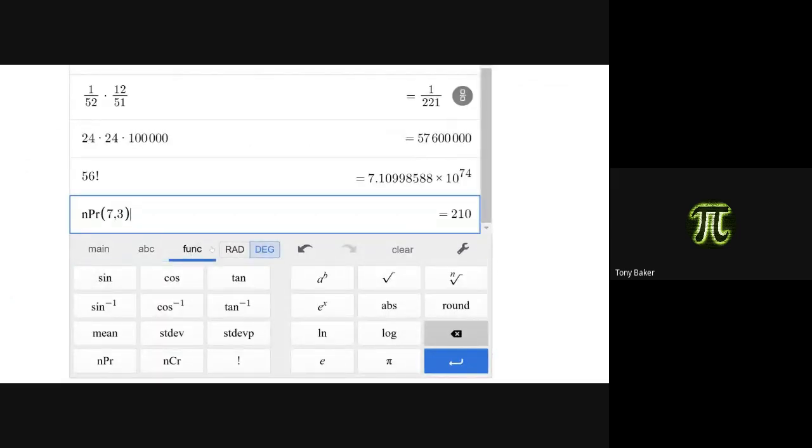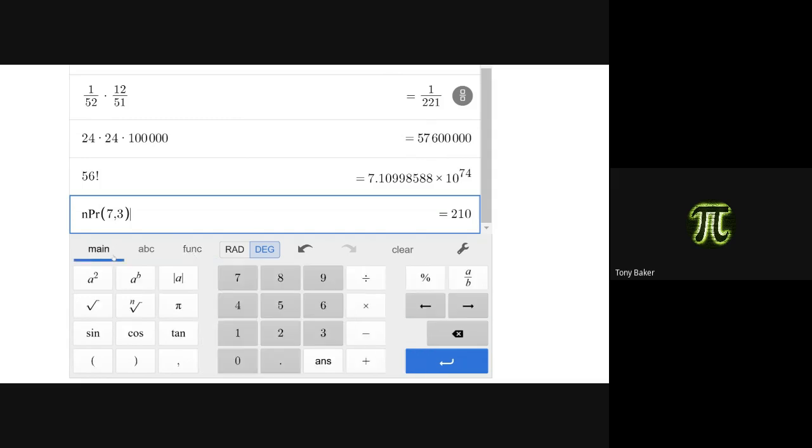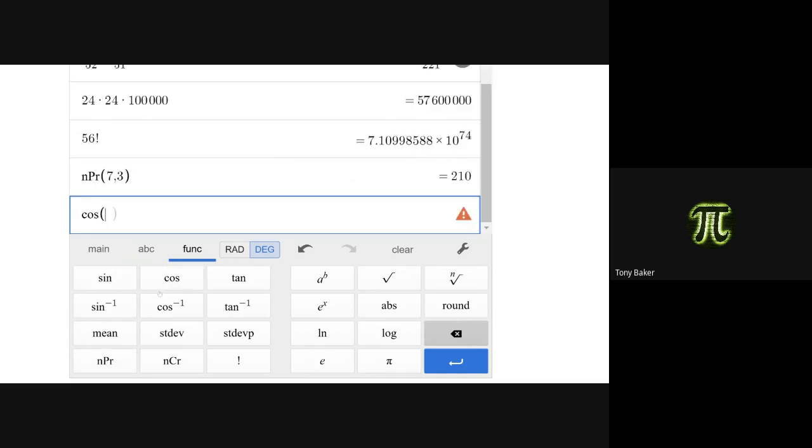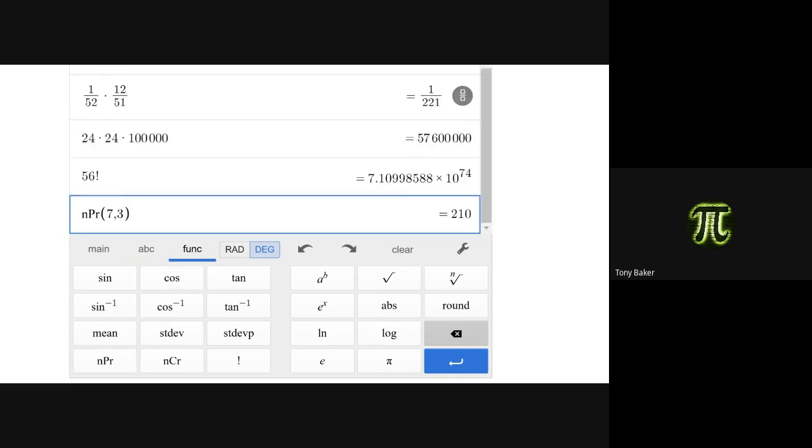So in Desmos, you would click your functions. It's typically on this screen. You click functions, and then nPr is right there. So when you hit it, it's going to give you the two parentheses. Just put 7,3. And then that's your answer.